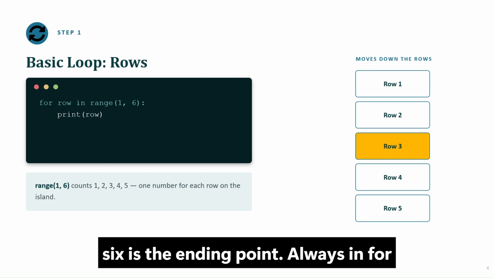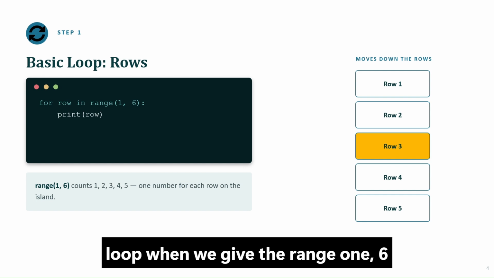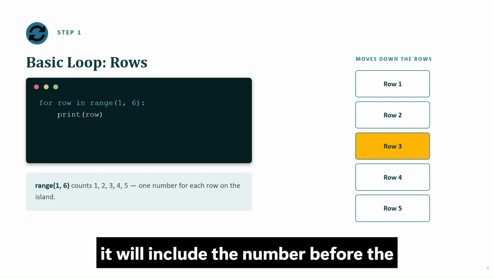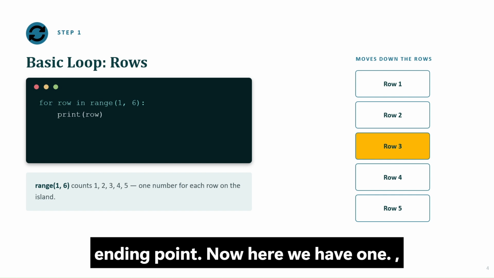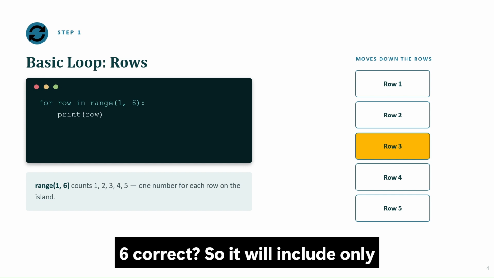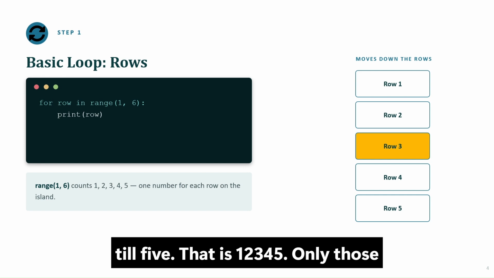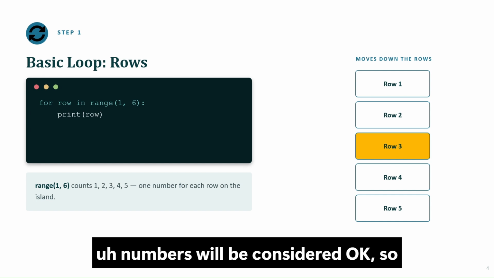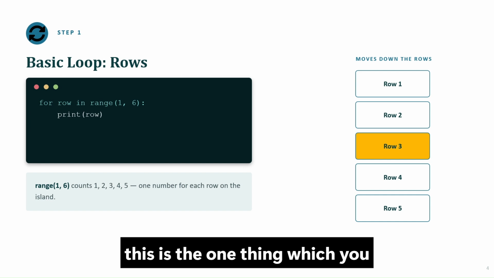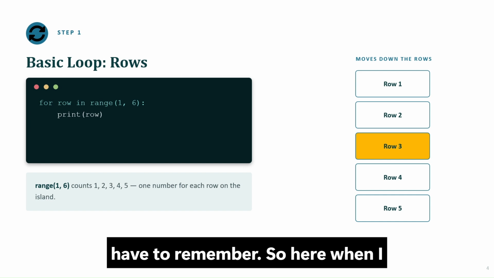Always in a for loop, when we give the range 1 comma 6, it will include the numbers up to the one before the ending point. So it will include only till 5, that is 1, 2, 3, 4, 5. Only those numbers will be considered. This is one thing you have to remember.